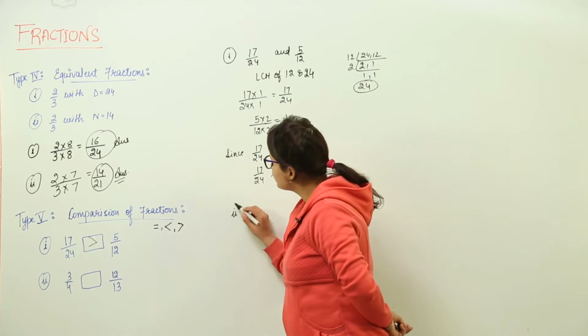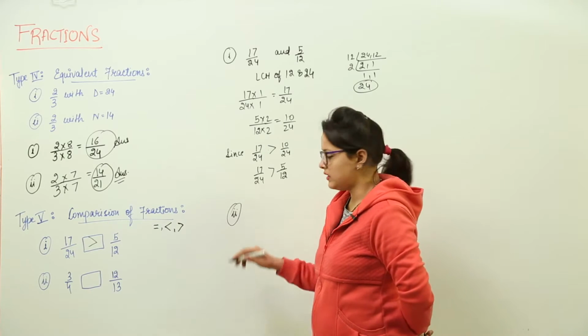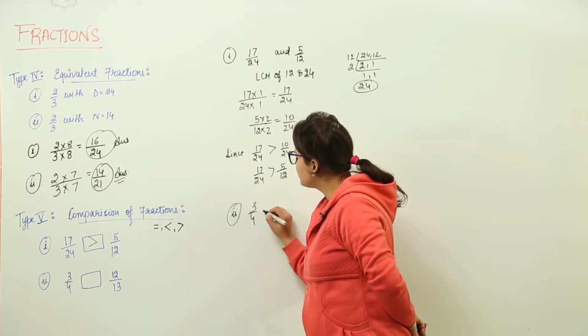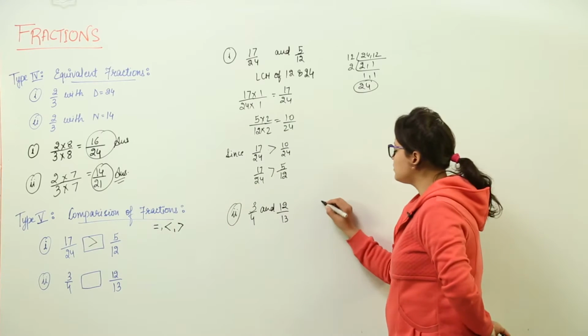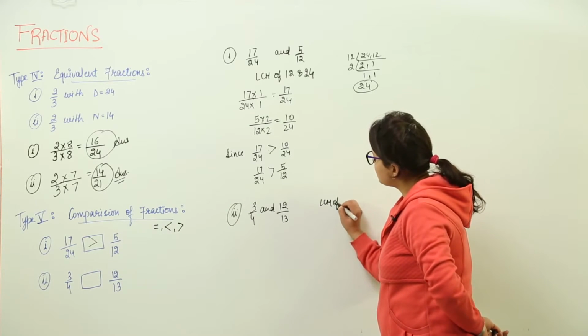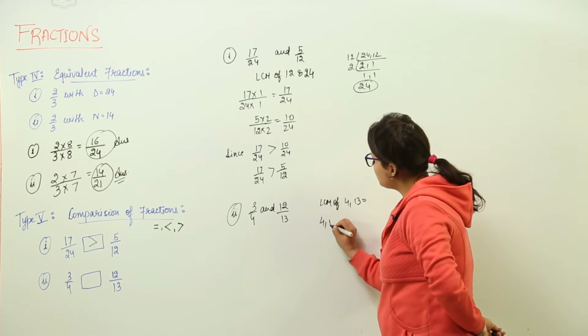The next one is in which we have to compare 3 by 4 and 12 by 13. Doing the same thing, we write 3 by 4 and 12 by 13. We take out the LCM of the denominators, that is 4 and 13, which will be equal to what?